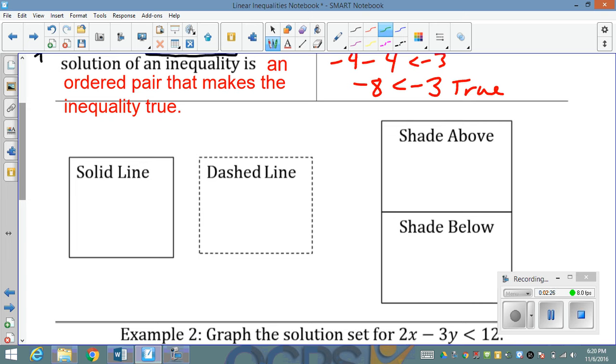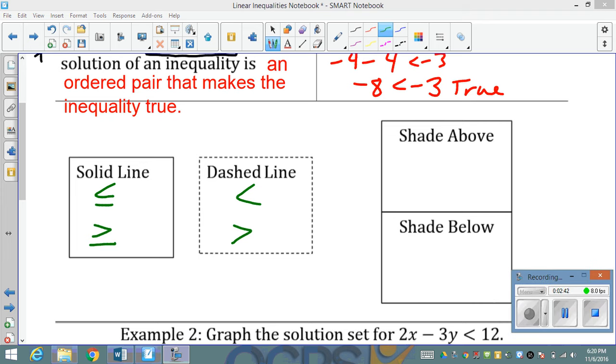Remember when you graph your boundary line, if it has an or equal to, so if it's less than or equal to, or greater than or equal to, you will graph with a solid line. If it is just less than or just greater than, you will graph with a dashed line. Remember the difference: with a solid line, you want to include the points on your boundary. With a dashed line, you want to not include the points on the boundary.